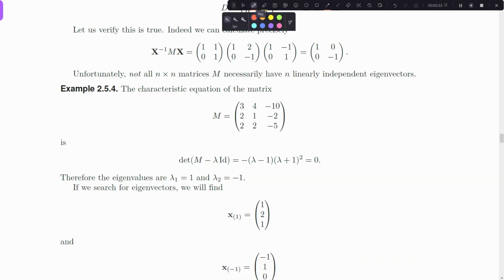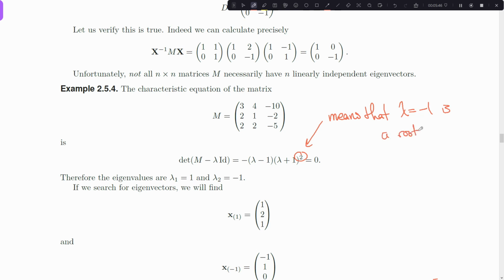But notice the power here, 2, means that lambda equals negative 1 is a root of multiplicity 2. Just because we have a root of multiplicity 2 does not necessarily mean we won't be able to find 3 linearly independent eigenvectors, but it should send alarms to us.